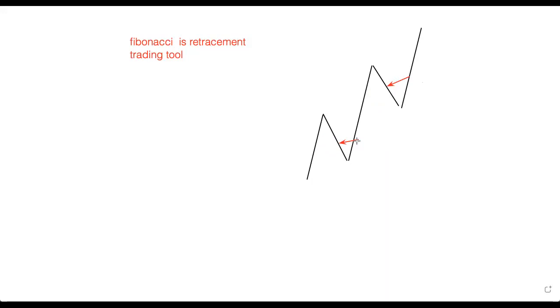And the reason why these retracements happen is because, say we are in a buying direction here. Say we are going in an upward direction, we are buying, right? Most buyers set their take profits around these areas.